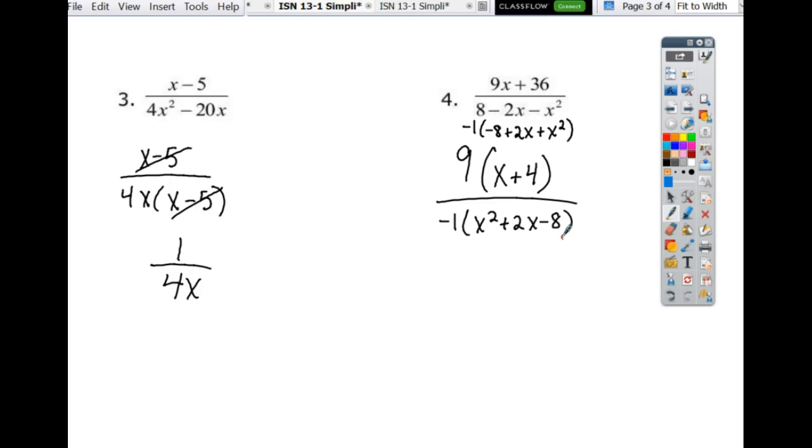I can do the A times C and B with the inside here. And what are the factors here? Negative 2 and positive 4, because I want a positive 2, right? So here's what I have.